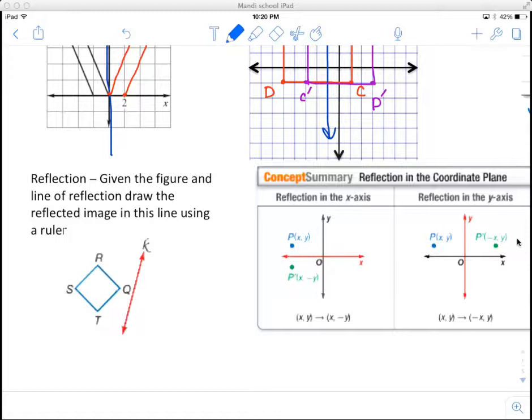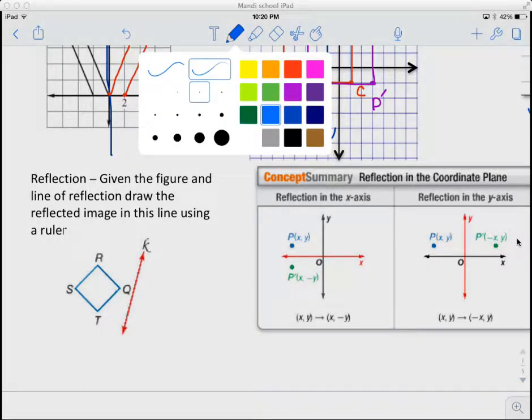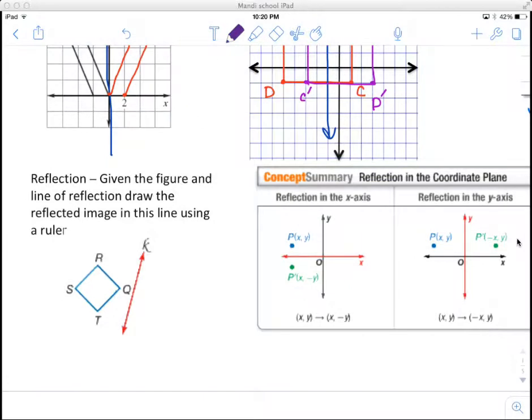Okay, now this one's going to be difficult for me to do on the iPad, so hopefully you guys will get to see us do this one in class. But what you need to do is you need to take your ruler, and I actually use like the edge of a piece of paper. So I take my edge of paper and I line it up just like this. And then I mark that spot. So I want it at a 90-degree angle right here.